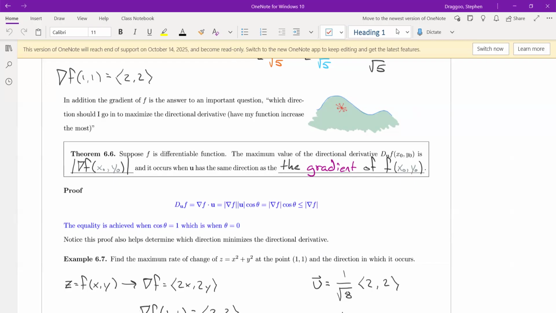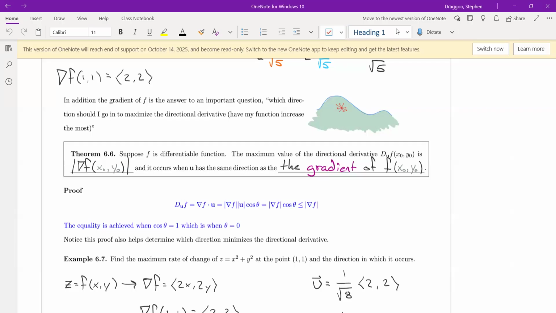The tangent plane just gives us an approximation for which way we'd want to go to maximize or minimize that rate of change. The gradient will tell us exactly which way to go. So in particular, if I wanted to know the direction that some function is changing the most, it's going to be in the direction of the gradient.